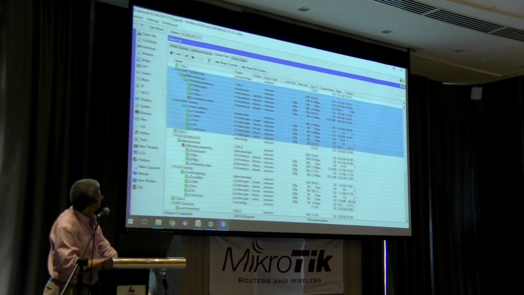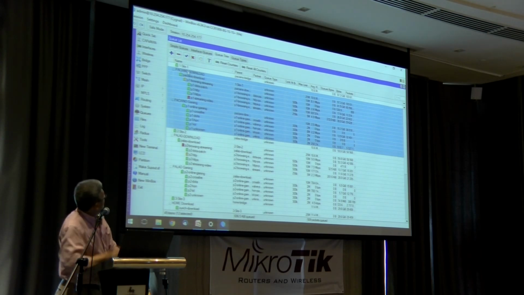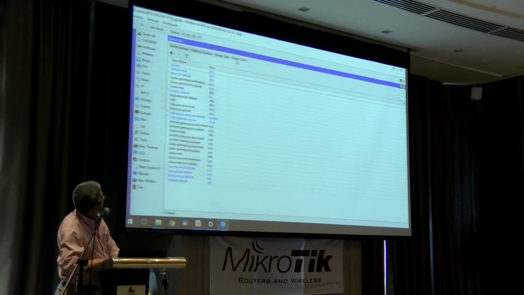So this is site number 1. If you look at the queue type, internet's slow, so there you go. I have a queue type here, which I created only for that particular site.